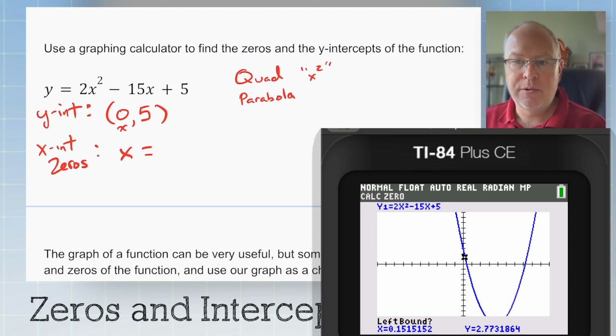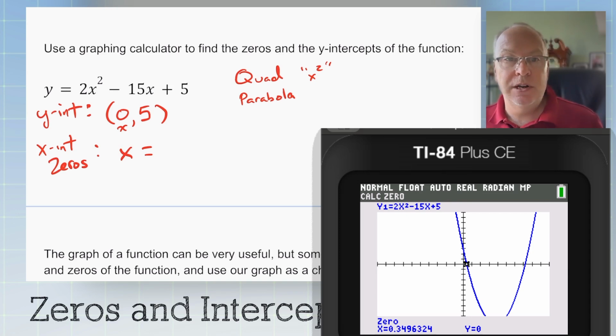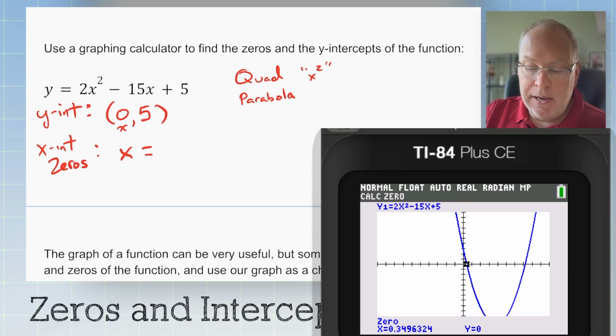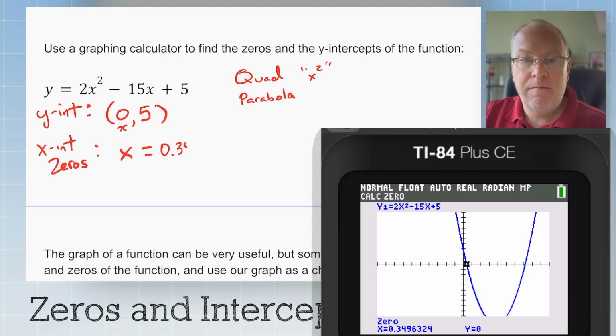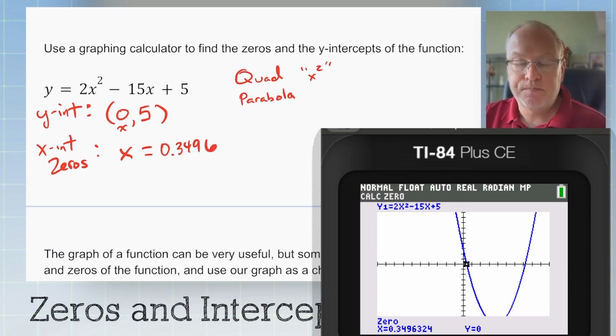It says left bound, so I hit enter. And then I go a little to the right. I hit enter. And then it says, okay, could you get me kind of close? So I'll go there and I'll hit enter a third time. And boom, it even says the word 0 on the screen. And it is at 0.3496.